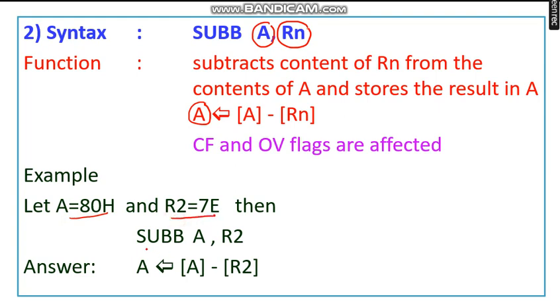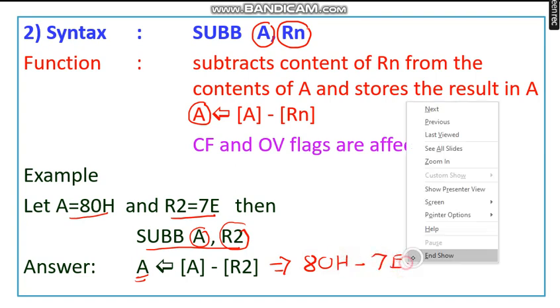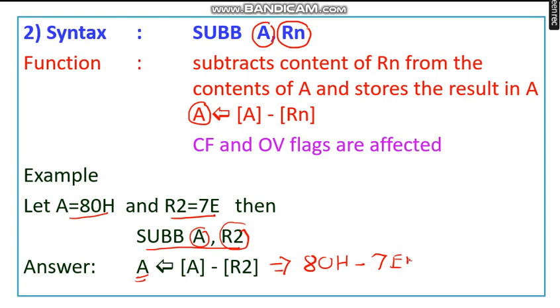So we have given instruction here SUBB A, R2, that means content of R2 must subtract from content of A and store answer in A itself. So it will be 80H minus content of R2, which is 7EH, and we'll do the subtraction.